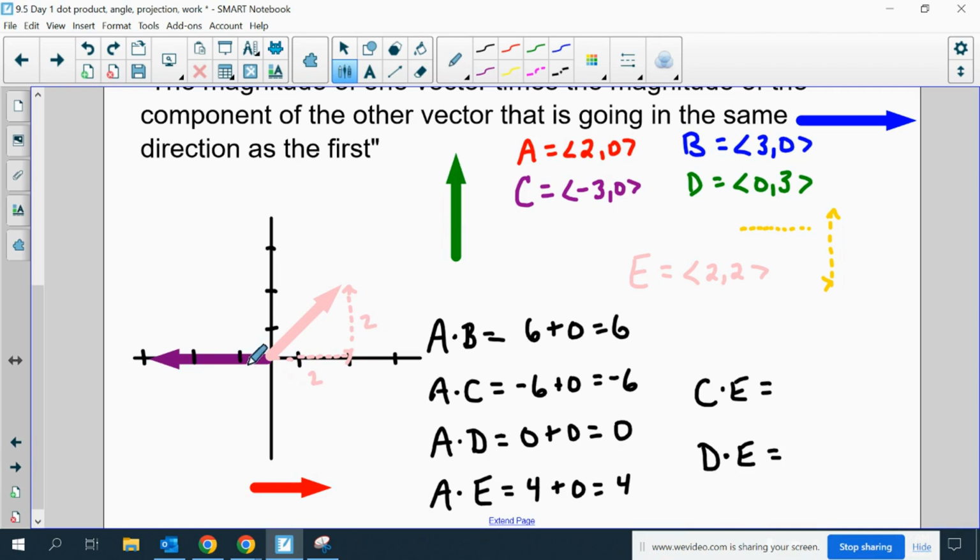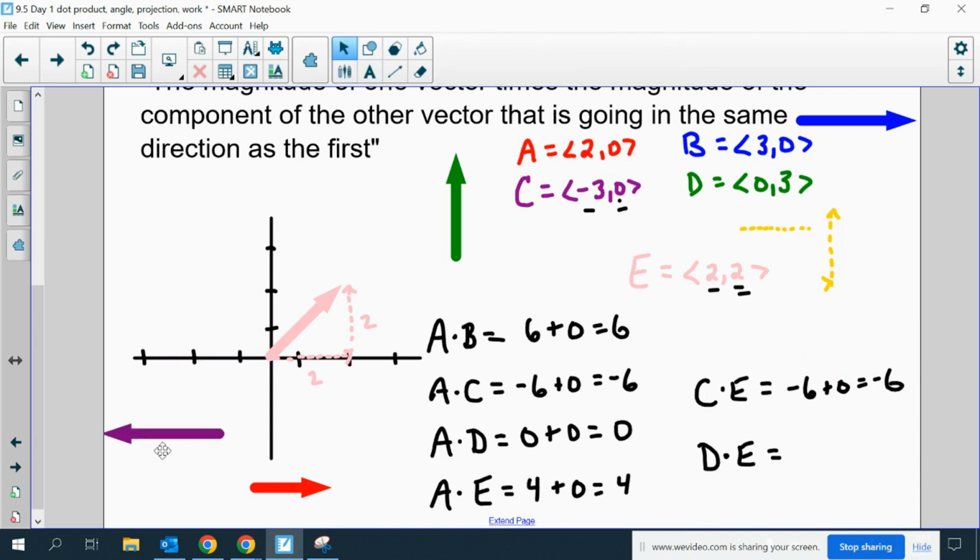So notice that their components are the same, but they're going in total opposite directions. So I would think that I'm going to get negative 6. So 2 times negative 3 gives me negative 6, and then 0 times 2 gives me 0. So C dot E is negative 6. D dot E, I'm going to look at what component is going in the same direction as the green one.